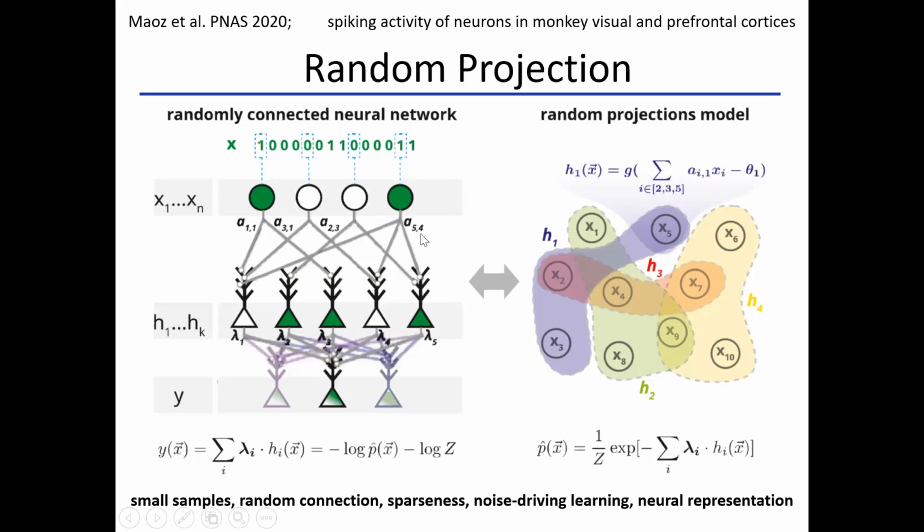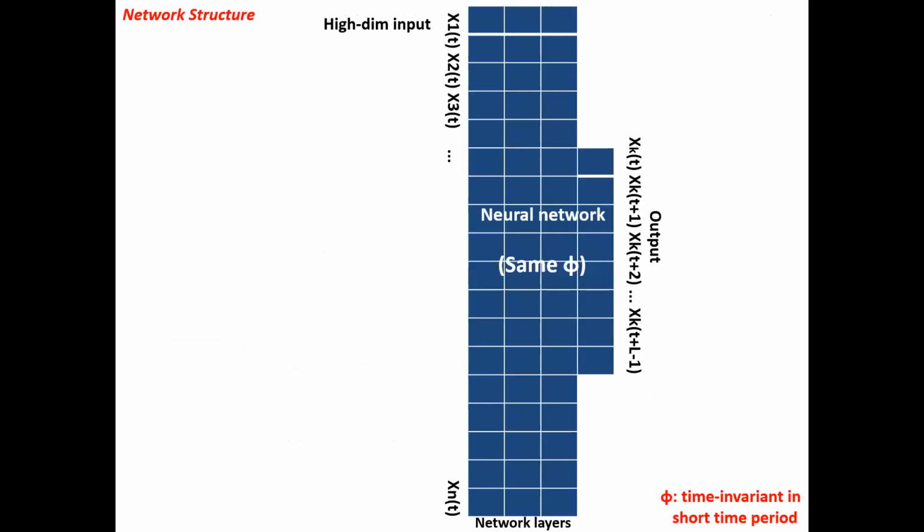I use this paper to show that humans and animals may also use random connections to achieve efficient training.